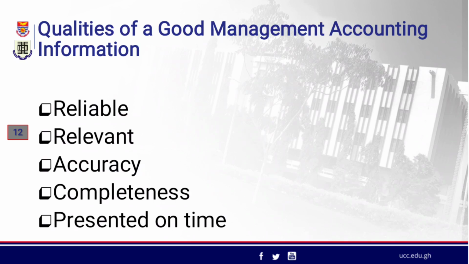Accuracy means that the information should practically avoid certain mistakes. It should be free from material errors. And completeness means that the information should be adequate for its intended use. Then it should be presented on time. This simply means that the information should be provided when needed by management.